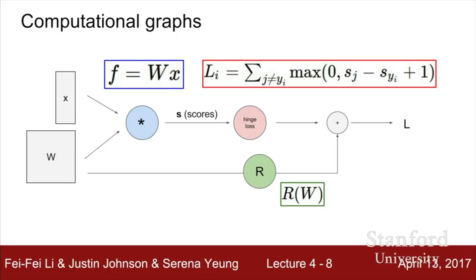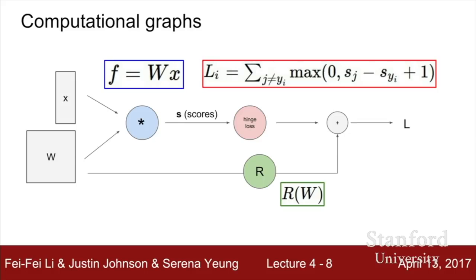So for example, in this example of a linear classifier that we've talked about, the inputs here are x and W, right? And then this multiplication node represents the matrix multiplication of the parameters W with our data x, outputting our vector of scores. And then we have another computational node, which represents our hinge loss, computing our data loss term, Li.